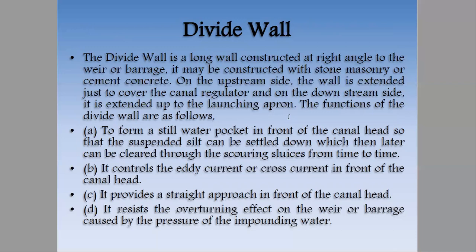Let's see the functions. First, to form a silt water pocket in front of the canal so that suspended silt can settle down, which can later be cleared through scouring sluices from time to time. So it will be like a pocket in front of the canal, and there will be settlement of suspended silts.